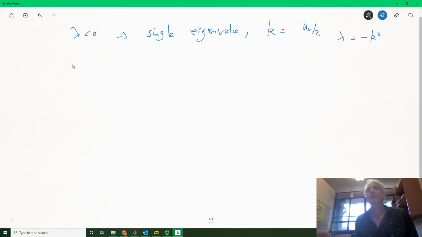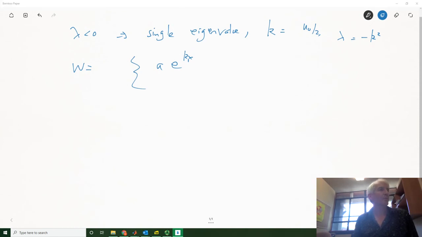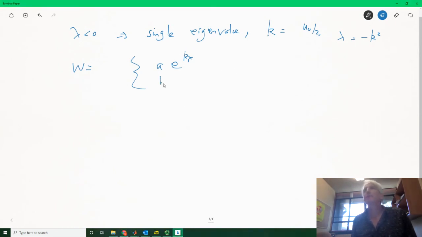And the solution is given by w equals a e to the kx. I'll just follow the notation in the notes. I call it k1, I guess because there's only one k; sometimes you're going to get two k's, and you call the second one k2. So k1 is u naught over 2.